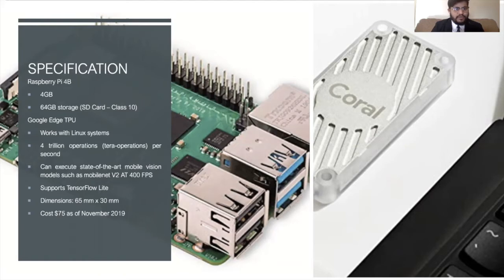And the Google Edge TPU, which right now only works on Linux as it's in beta stage, can do 4 trillion operations per second. So all the machine learning and deep learning computations can be offloaded to the Coral TPU.